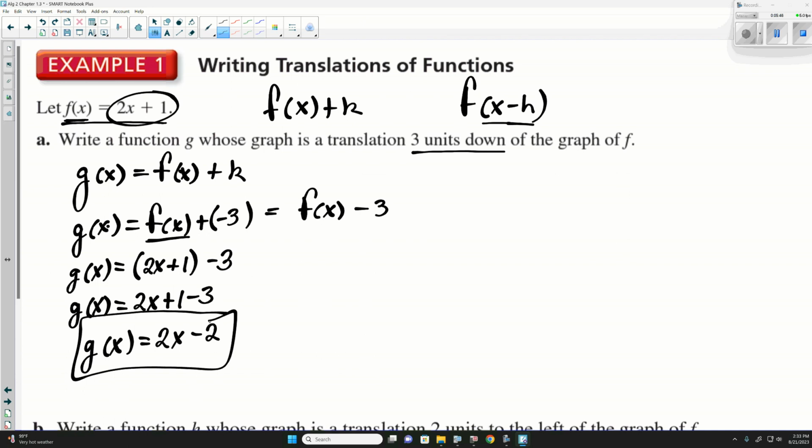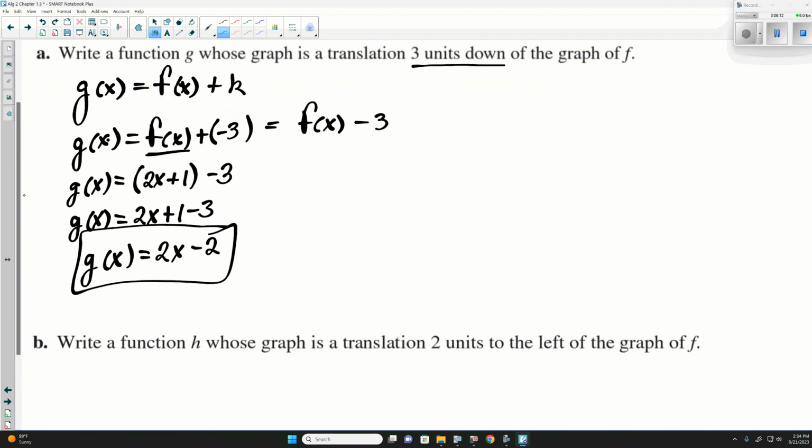So the biggest thing with these is starting out with the correct one, plugging in our information, and simplifying. Questions on any of this here? Any questions on any of these so far? We ready for the next one?